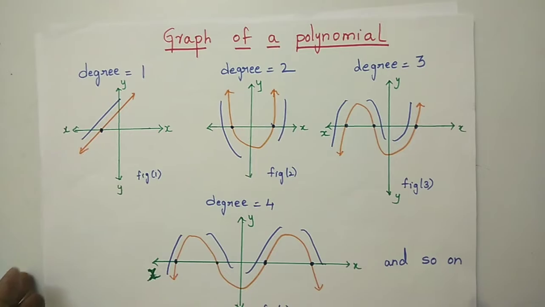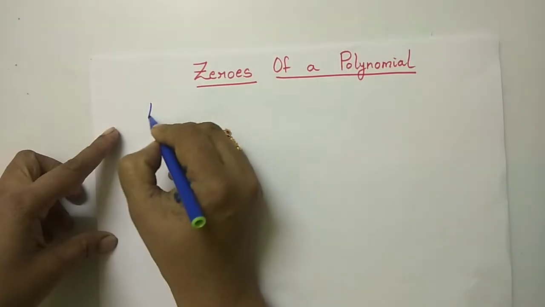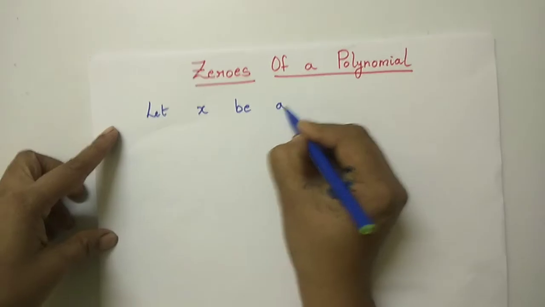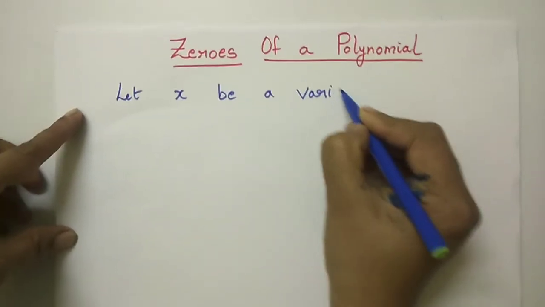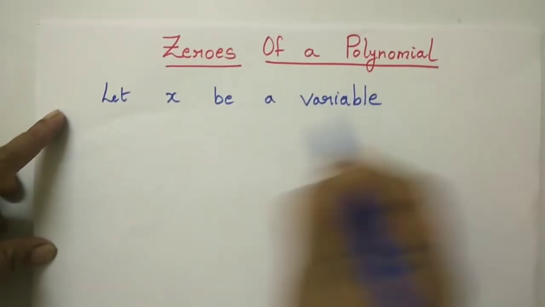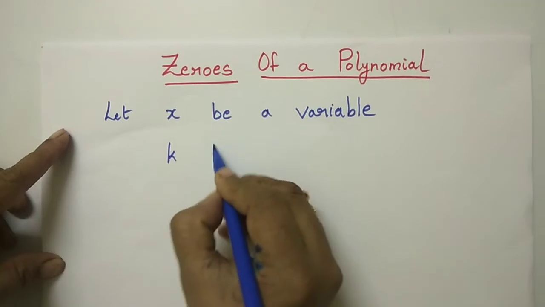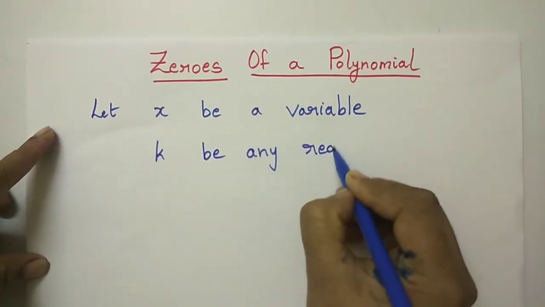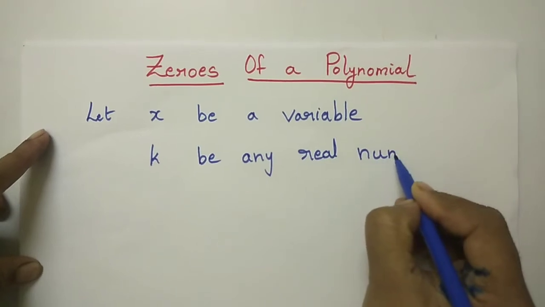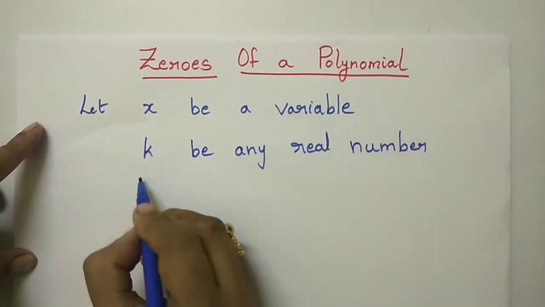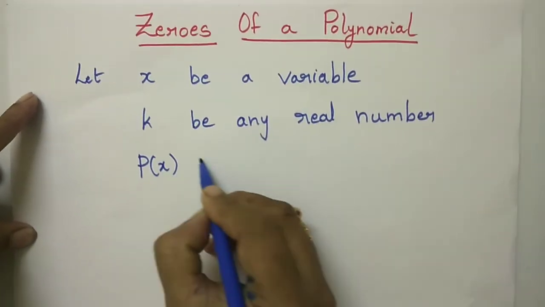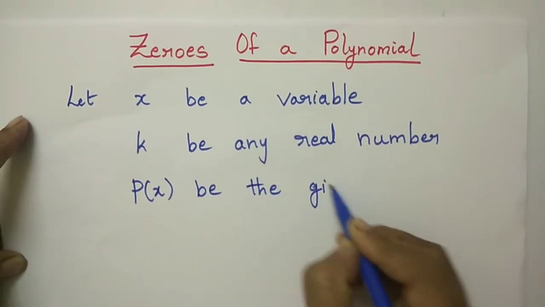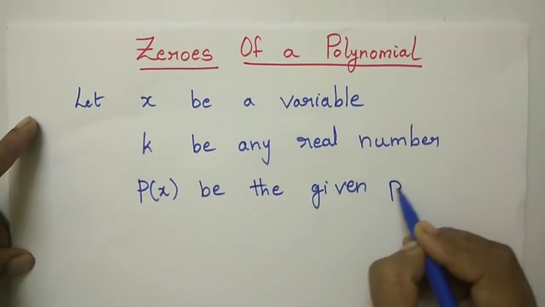Now, let x be a variable, k be any real number, and p of x be the given polynomial.